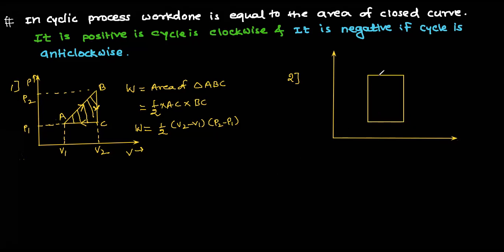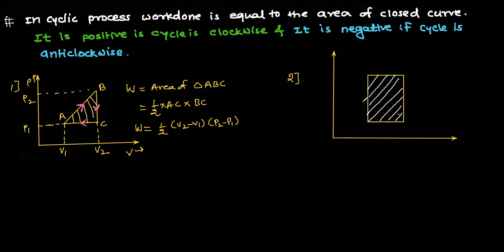You can shade this with another color if you want, so that you will understand particularly the arrows. This is the shaded part, and this time I am taking it in the anti-clockwise direction. I am keeping arrows with different colors because these arrows are very important, so that you will understand clearly whether it is clockwise or anti-clockwise.